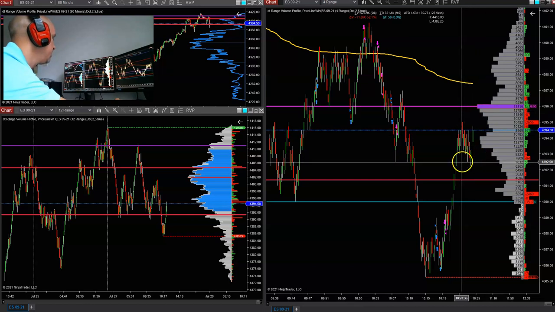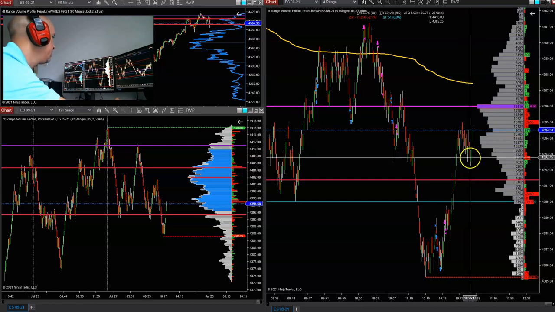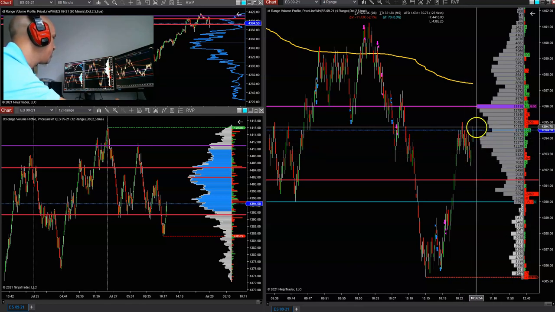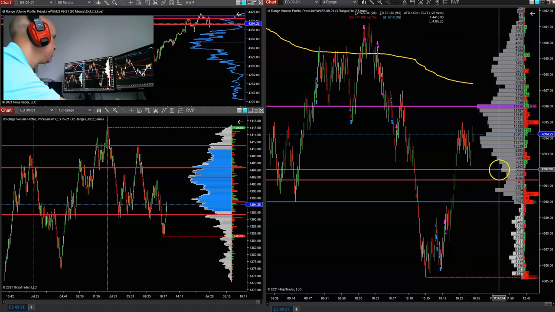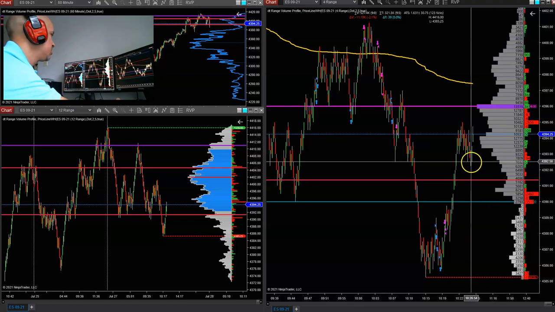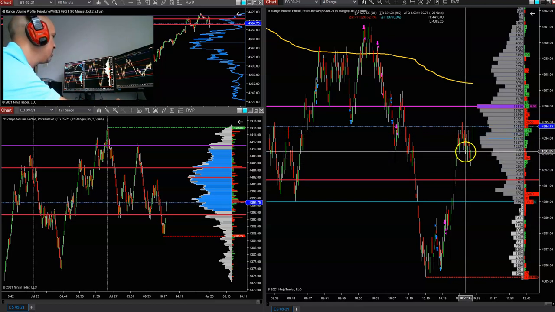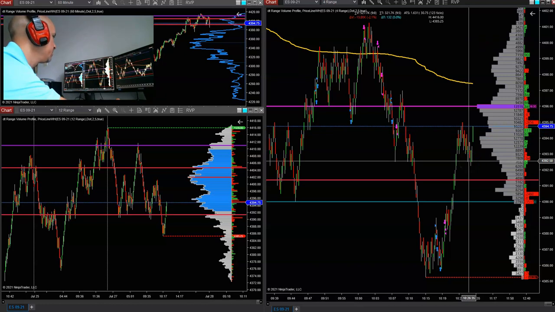So sometimes they'll try to fake you out. They can get you to think you're already set up to go short, take a short entry, and then boom, they turn it back around and push it higher. The reason I'm saying that is because it's not making lower lows yet. The candle is not closing below the swing.